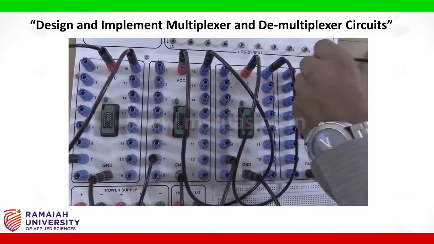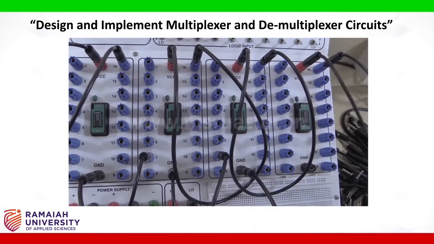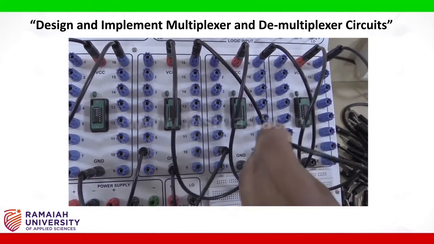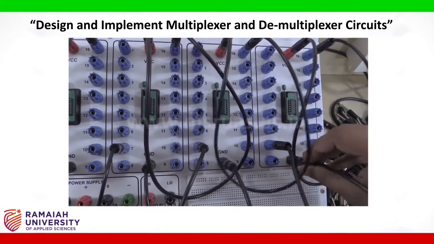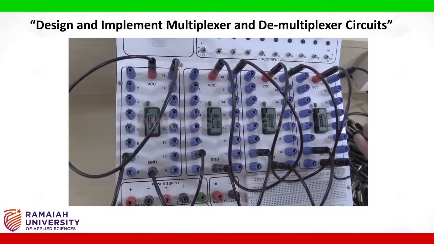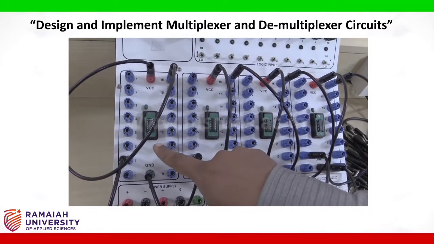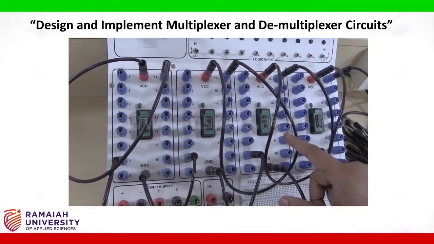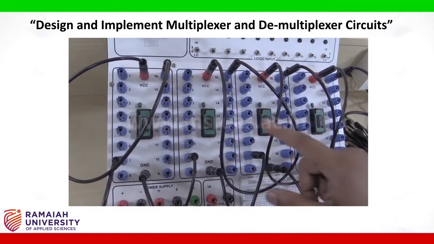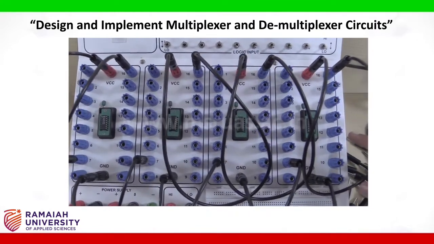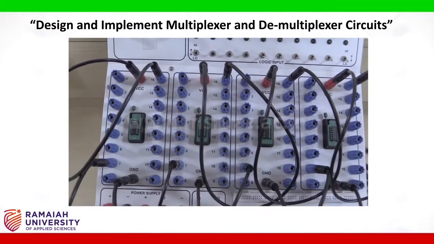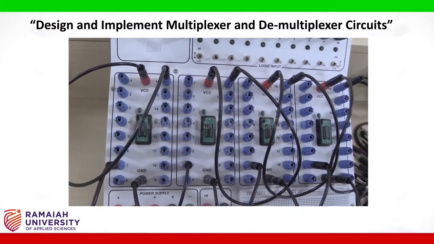Pin number 14 is VCC, pin number 7 is ground. The 4 ICs are connected here. So the first IC represents the NOT gate, the second and third ICs are 3 input AND gates, and the fourth IC is the OR gate. Now let us start connecting from the first IC, that is the NOT gate.